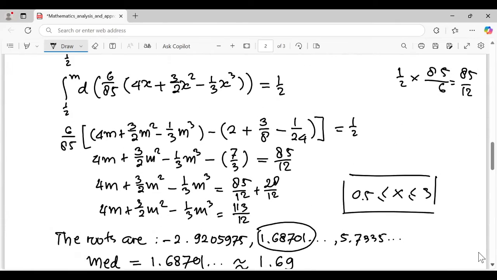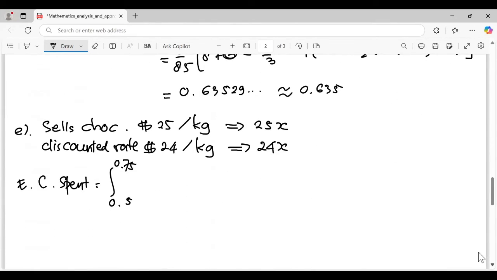Next, 0.75, 25x. If they bought 0.5 to 0.75, there is no discount, the special price, I mean.